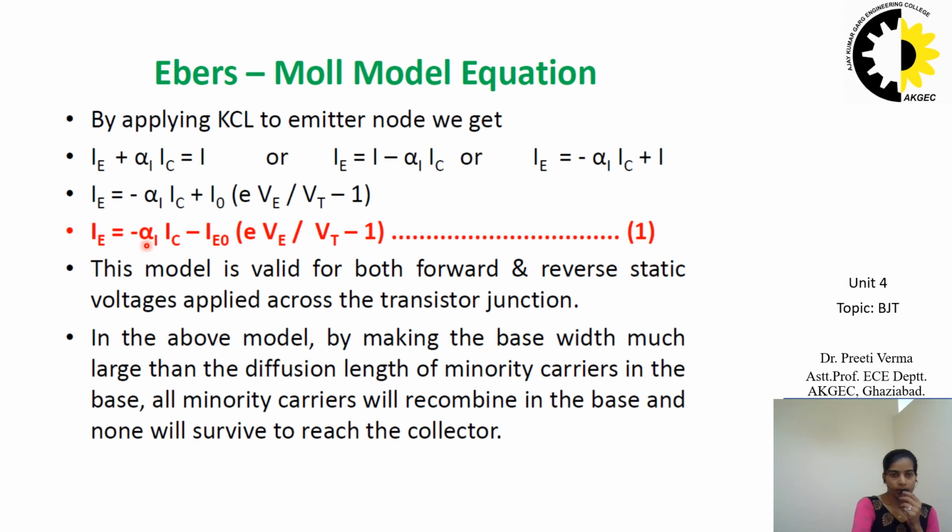IE can be written as minus alpha I times IC minus IEO times e to the power VE divided by VT minus 1.